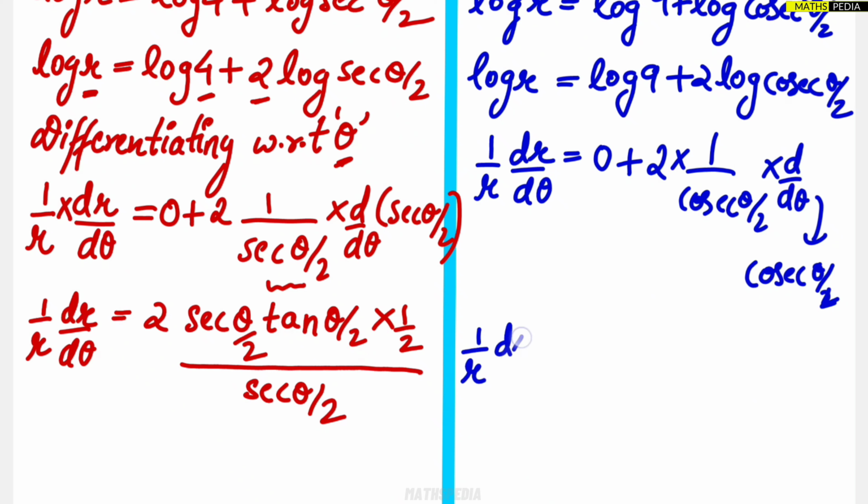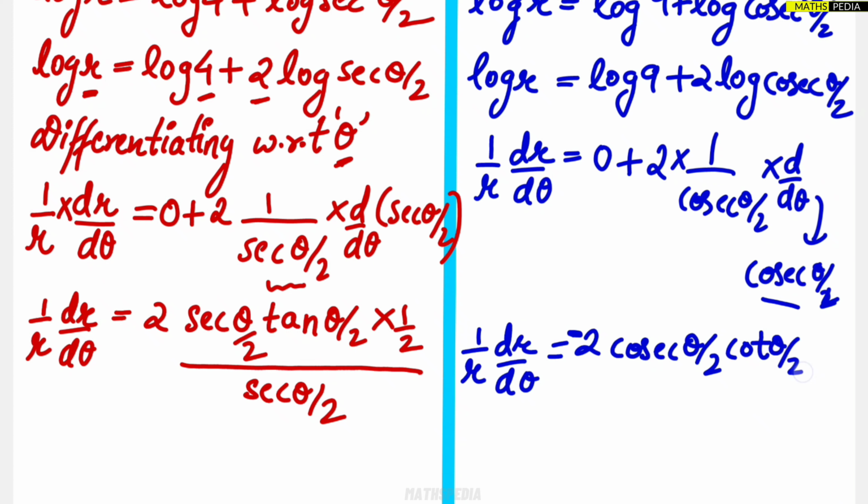So 1 by r dr by d theta equal to 2 into the differentiation of cosecant theta by 2, which we have studied, it is minus cosecant theta cot theta. So I'll put in here minus cosecant theta and cot theta.